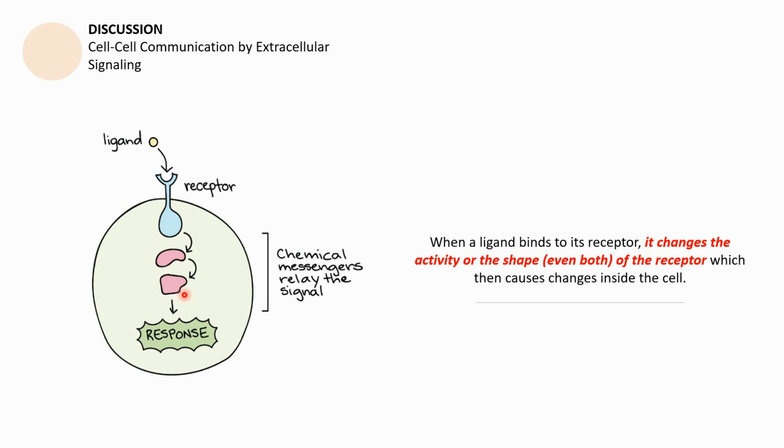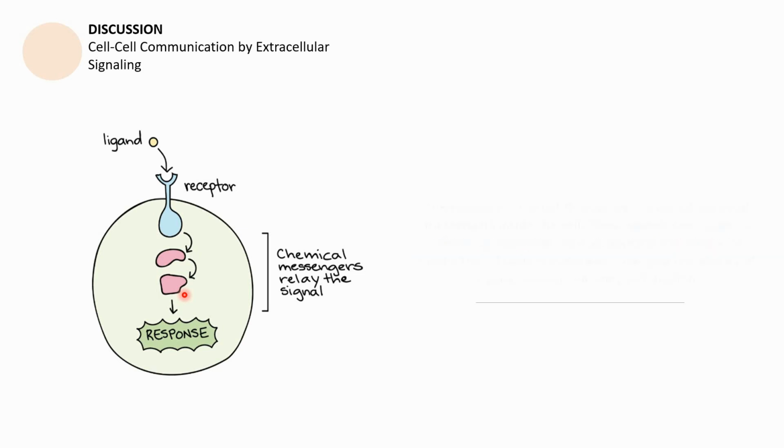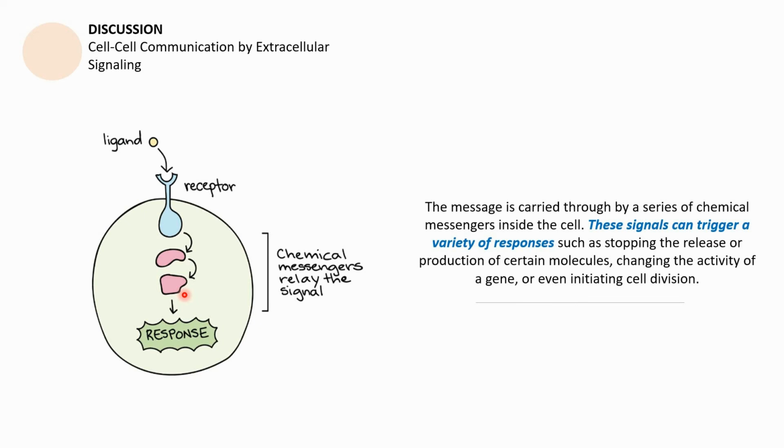So that now is going to cause changes inside the cell as well. Yung message is carried through a series of chemical messengers inside the cell. These signals can trigger a variety of responses such as stopping the release or production of certain molecules. Pwedeng yung signal na yon, it can stop the release of a particular hormone or a particular molecule. Or it can also change the activity of a particular gene.